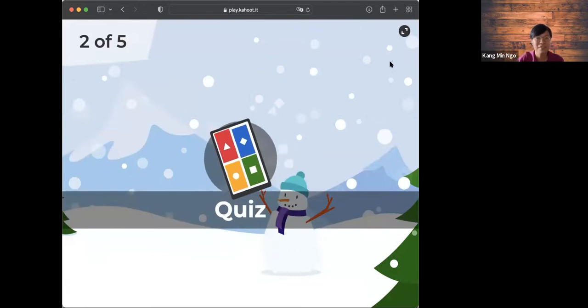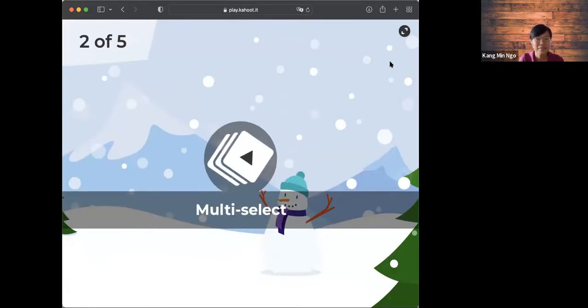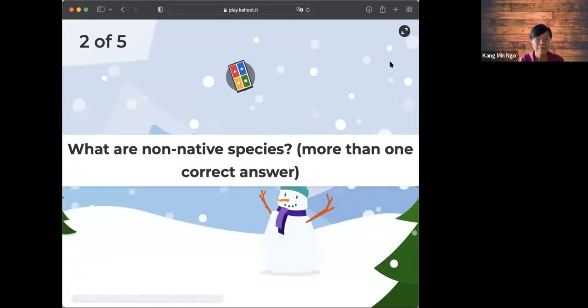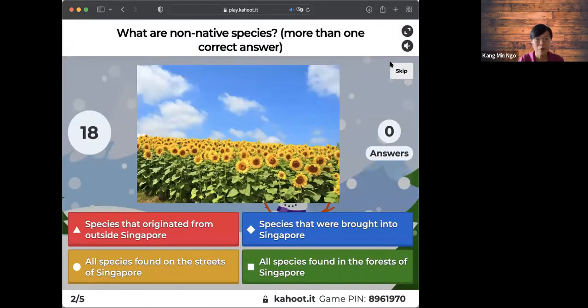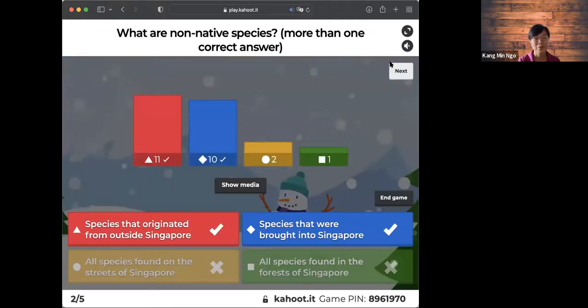Next. What are non-native species? There can be more than one correct answer. Okay, let's see who got it.